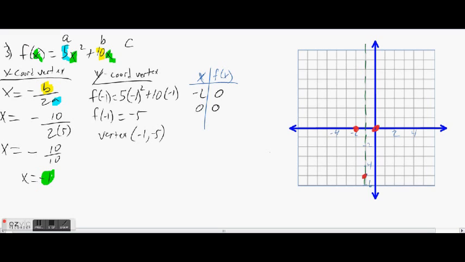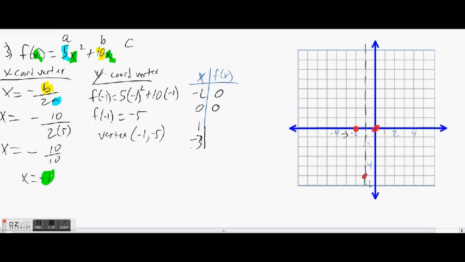Now, two spaces to the right, 1, 2. I'm at 1. So I'm going to use 1. And then two spaces to the left, 1, 2. I'm at -3. So these two x values are going to give me the same exact thing.